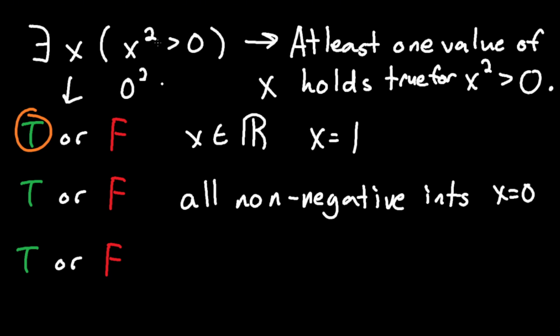This is false. X squared is not greater than 0. It is equal to 0, but it's not greater than. Here's the thing. This quantifier only needs one value to be true, right? So you could just think of one value in this domain to make it true. X equals 1 is another one. That's a non-negative integer. X equals 3. So just because there's one value that makes this guy false doesn't mean the entire thing is false.